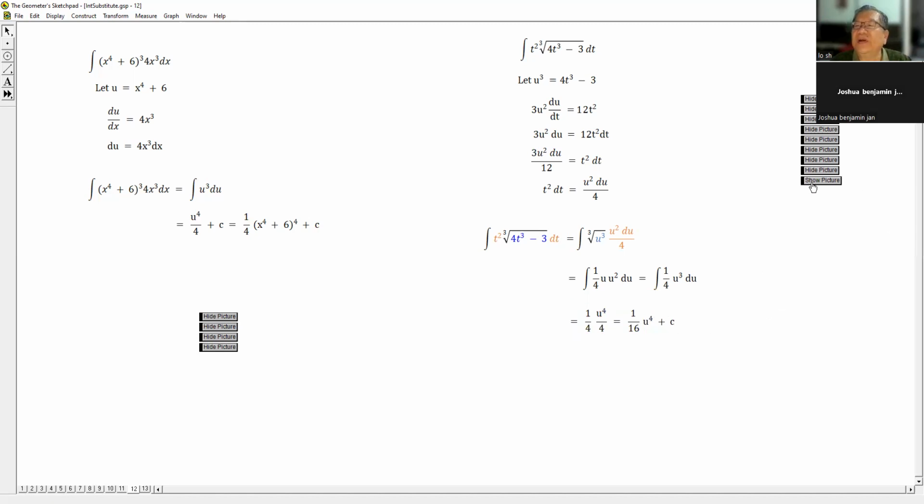These are very simple, right? Now the problem is how to change back to t. 1 over 16 is still 1 over 16. Now u to the power of 4, the 4 is here. Then what is u?